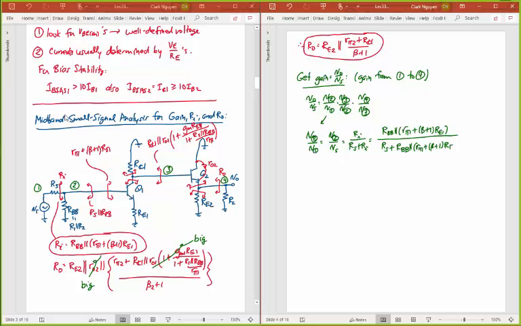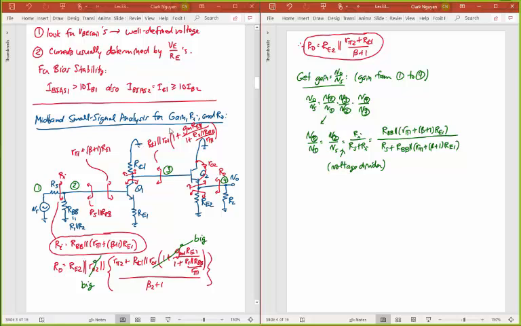Okay? And so this voltage is just the voltage divider equation, which I hope you already have memorized. Right, that one you should have memorized from previous courses.